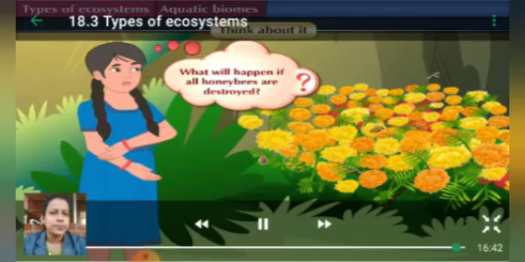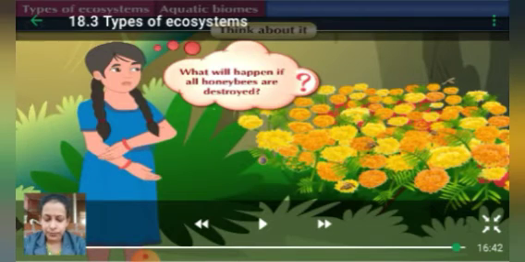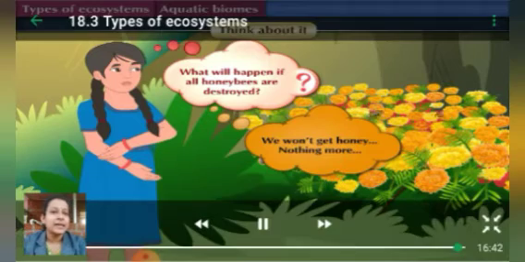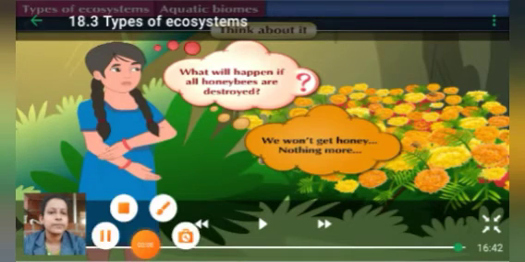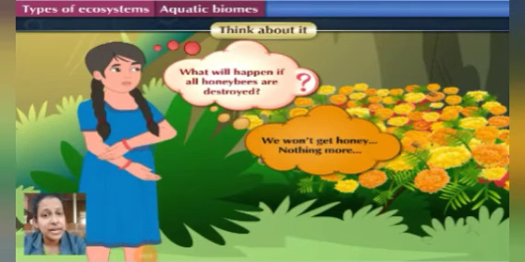Afterwards, she thought, what will happen if all the honeybees are destroyed? Okay, so according to her, she said that we won't get honey and nothing more than this. But do you think so? Honeybees are only meant for giving us honey?